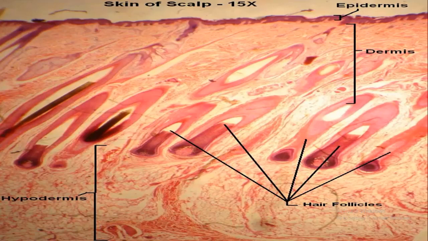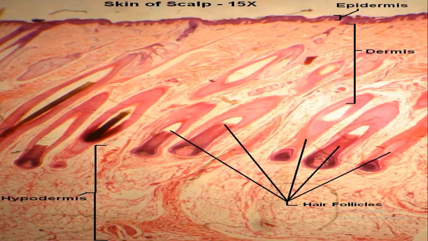Please don't get me wrong. In these slides, the only thing that you need to draw are the 4 to 5 adjacent cells. You draw these cells by viewing the sebaceous gland, which has a prominent cluster of nuclei.